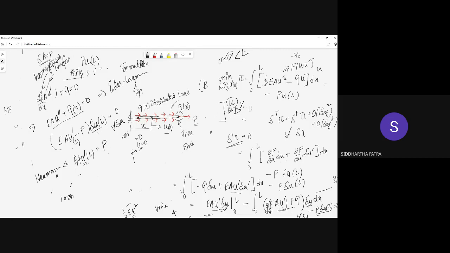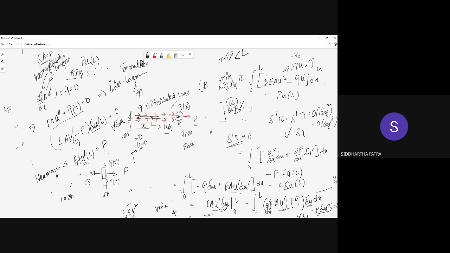Let us see what this basically means. Let's say right at this step, I take a differential element dx. So here I am applying a force P, and here I have the stress sigma. Of course there is a distributed load q of x here.